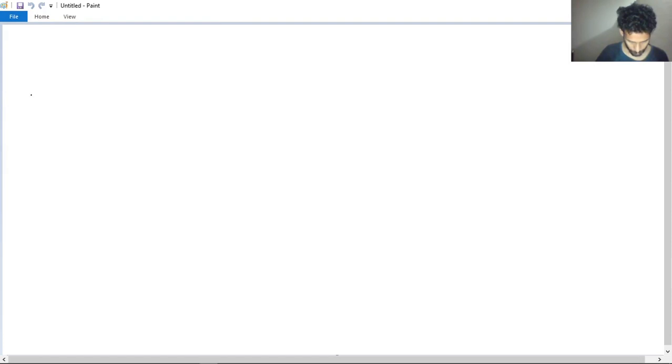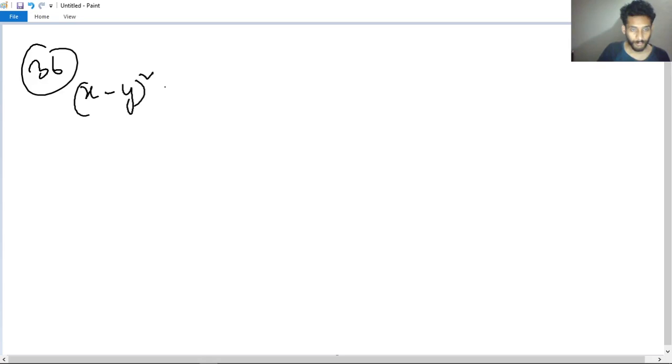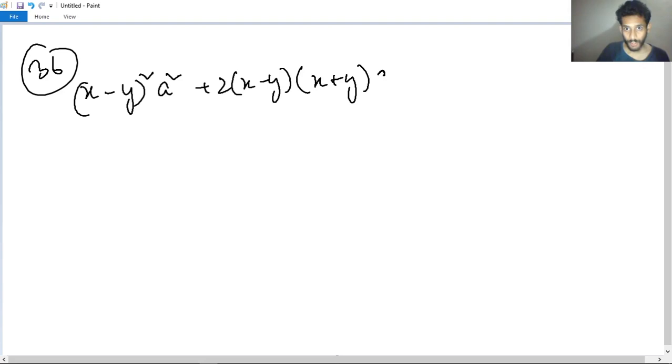Now MCQs. Question number 36, factorization of the polynomial. This looks a little bit big, but it is simple. x plus y AB plus x plus y whole square b square.